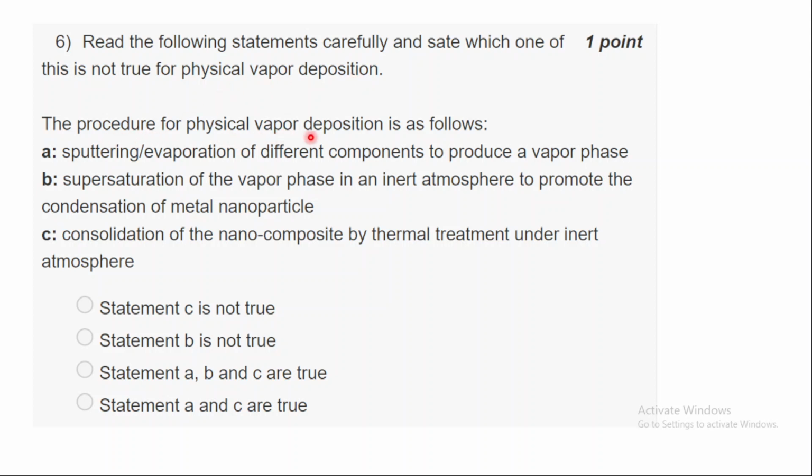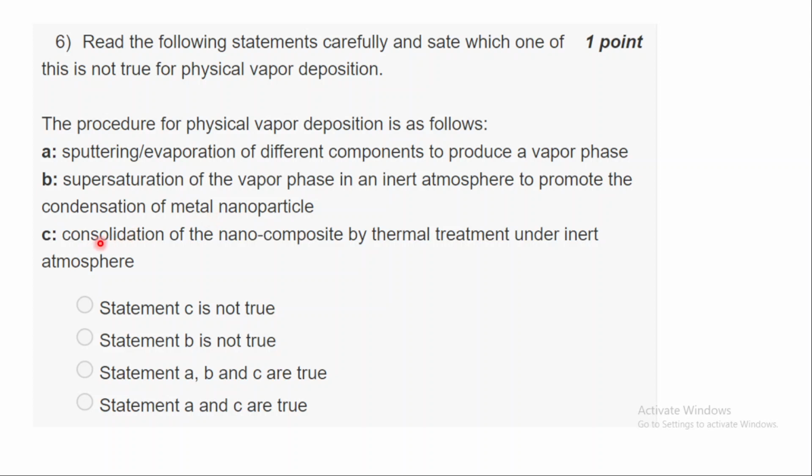The procedure for physical vapor deposition is as follows: A, sputtering evaporation of different components to produce a vapor phase. And B is supersaturation of the vapor phase in an inert atmosphere to promote condensation of metal nanoparticle.